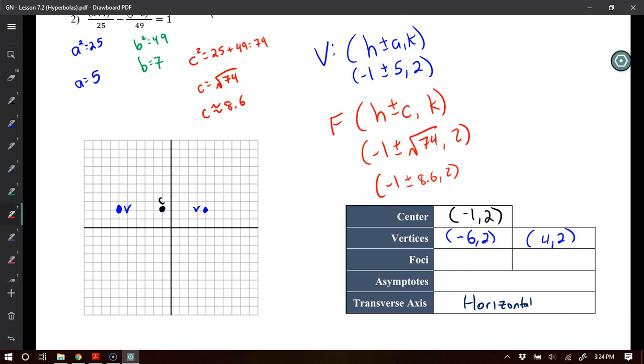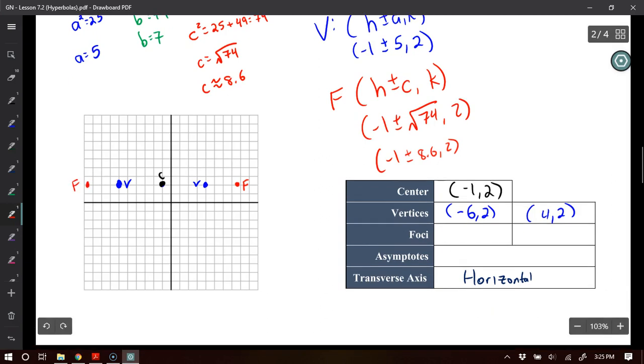I prefer to count. 1, 2, 3, 4, 5, 6, 7, 8.6. There's a focus. Now let's go to the left. 1, 2, 3, 4, 5, 6, 7, 8.6. There's the other focus. I'm going to get the same coordinates no matter what. If I use the formula, if I count, I'm going to get -9.6 comma 2, and I'm going to get 7.6 comma 2. That's it.